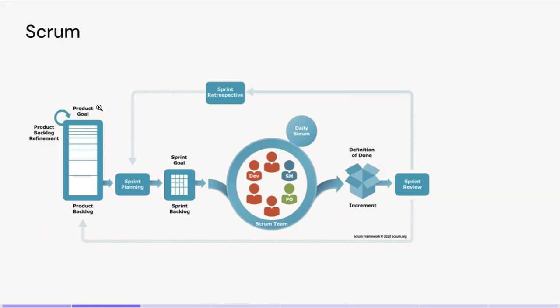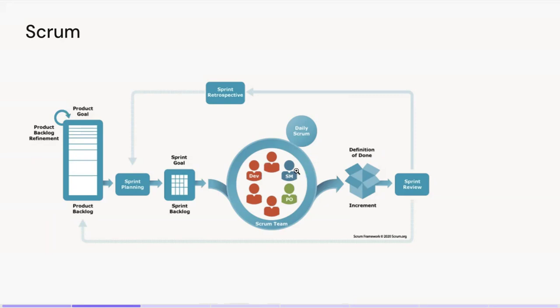It's a process that basically transforms an input, which is a product backlog, into an increment at the end of each sprint that we want to add value to the customer. What I want to focus on today, because there's not enough time to go into Scrum in detail, is the roles of Scrum.